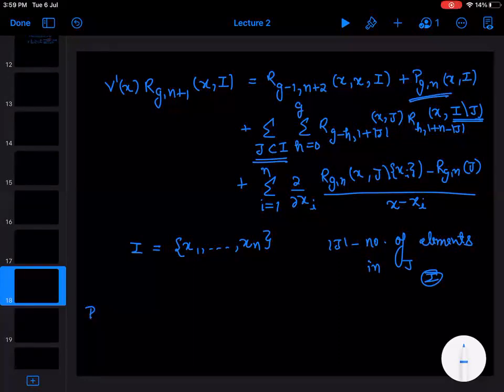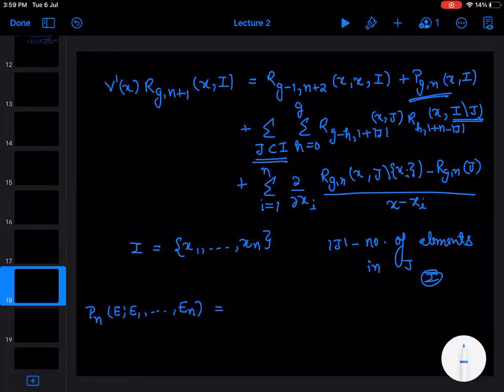I'll actually write the expression for Pn, and then I'll just say that the coefficients in the genus expansion are my P_{g,n}, because anyway at the end we are not going to need this function. So I'll just write this. I've written x here, or you can also write e in place of x.